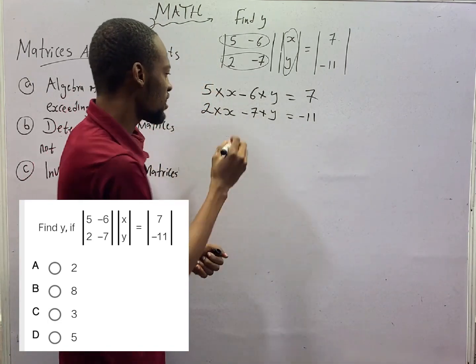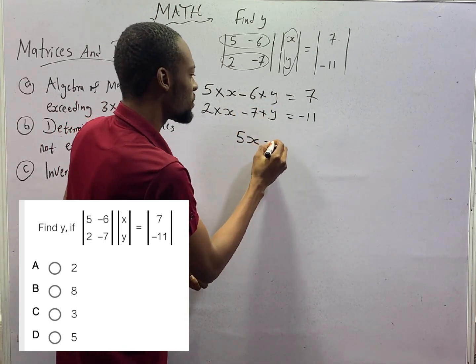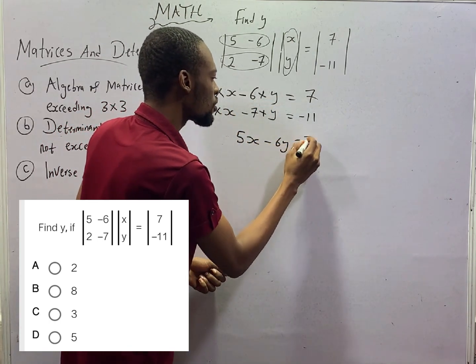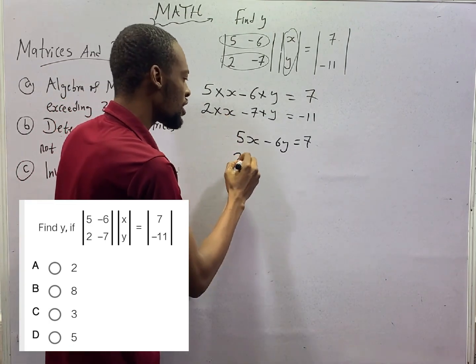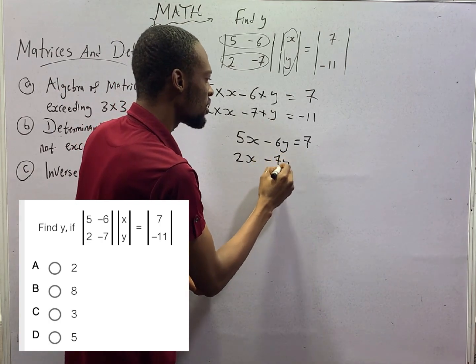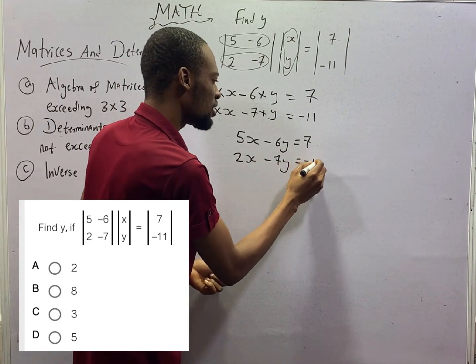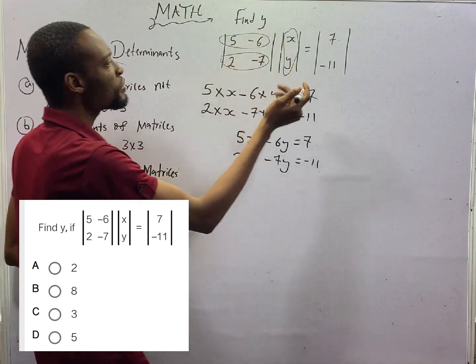5 times S is 5S, minus 6 times Y, that is minus 6Y. This is equal to 7. 2 times S is 2S, minus 7 times Y, that is minus 7Y. This is equal to minus 11.